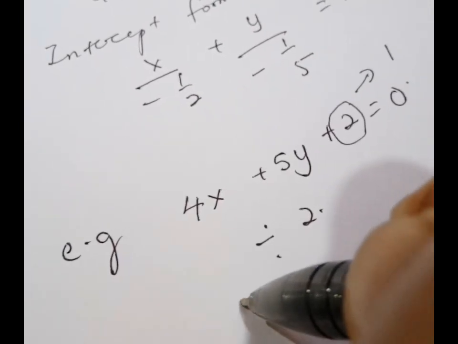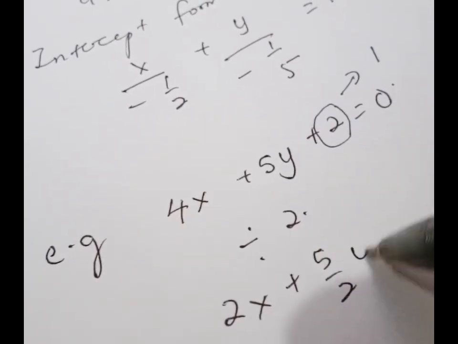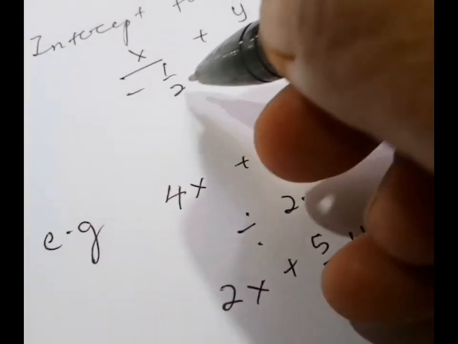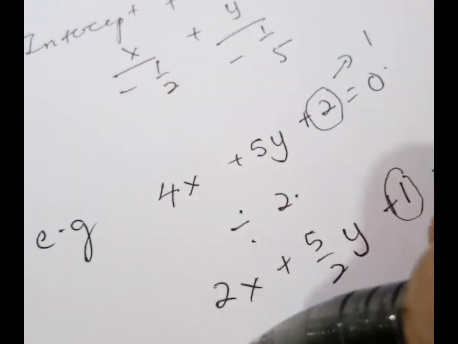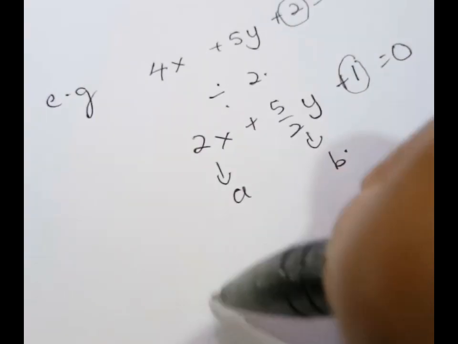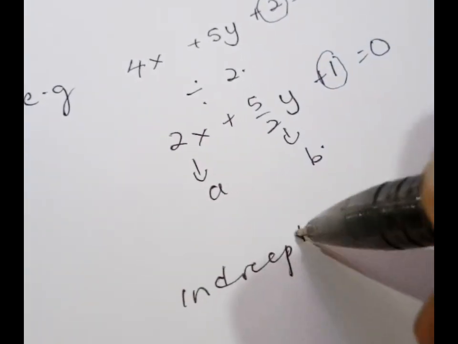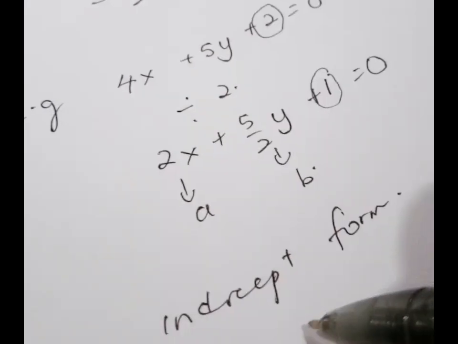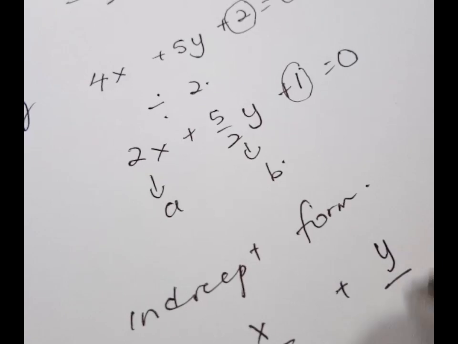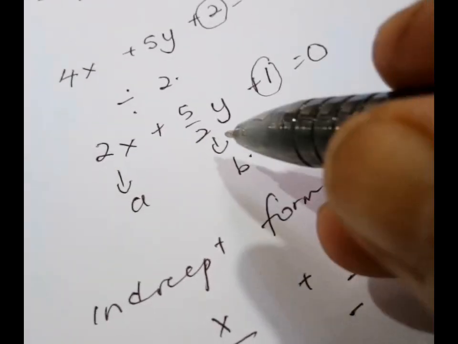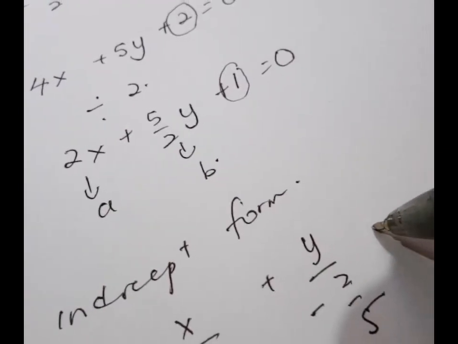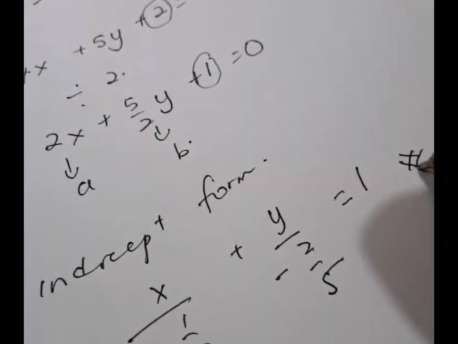So we have x plus 5 over 2 y plus 1 equals 0. Once this is done, we can determine a and b. So in the intercept form, it becomes x over minus 1 over 2 plus y over minus 2 over 5 equal 1.